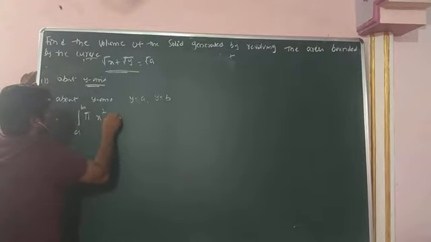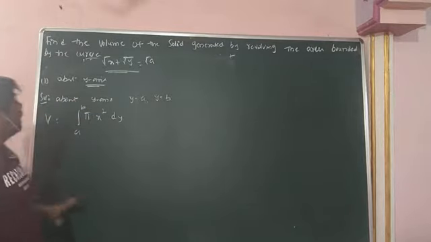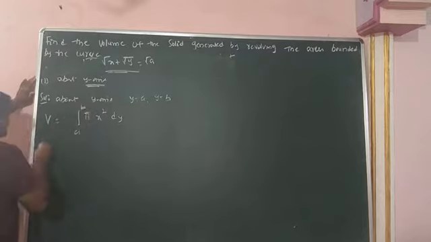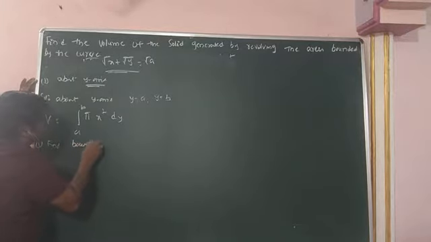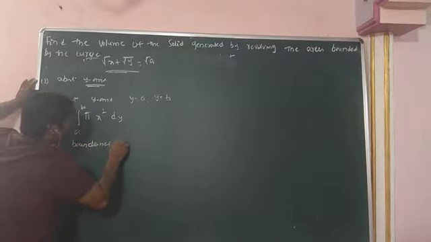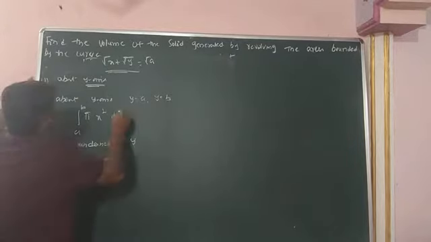That means first we need to find the limits and next we need to find x square. First, find the boundaries of y. The y-axis is nothing but x equal to 0.